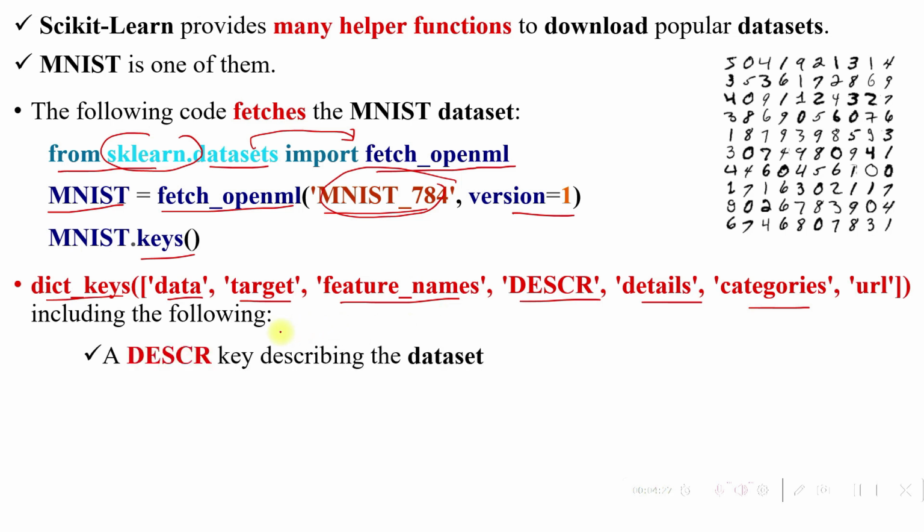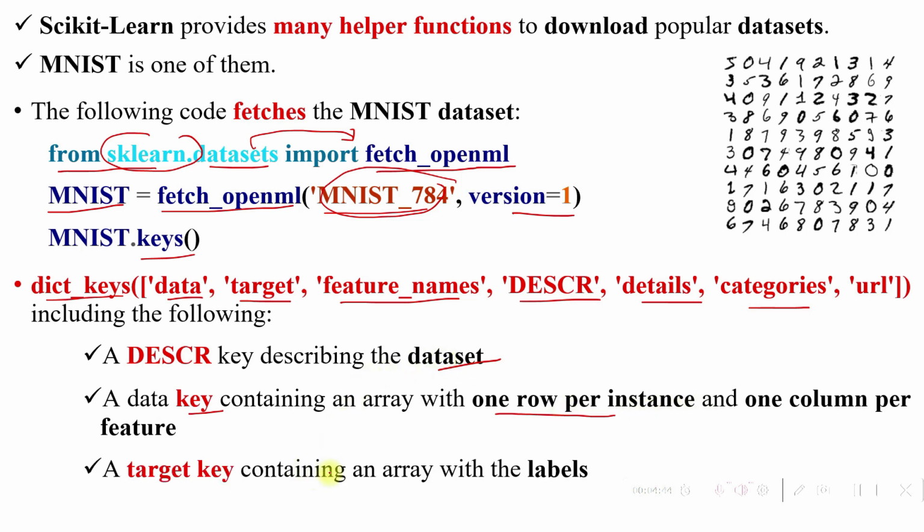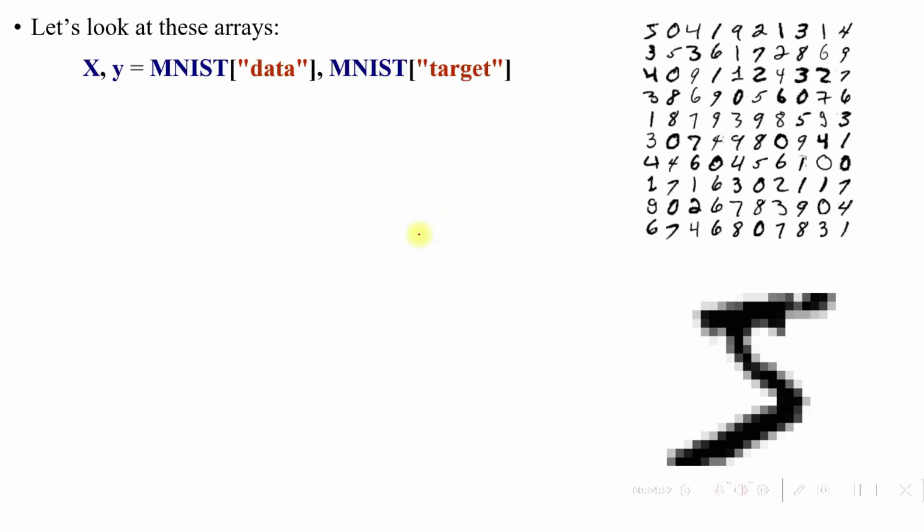DESCR means description, describing the dataset, and the data key contains an array with one row per instance and one column per feature. The target key contains an array with labels. So here the target is there and the data is there.